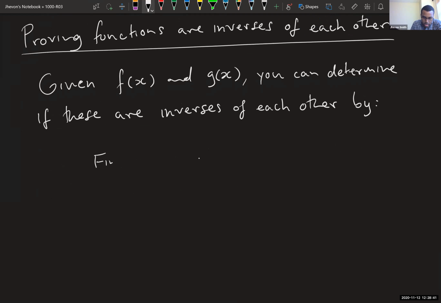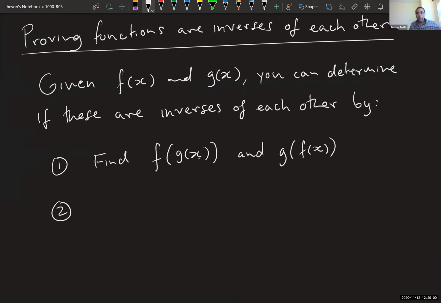You would find f of g of x and g of f of x, which means you plug one function into the other.